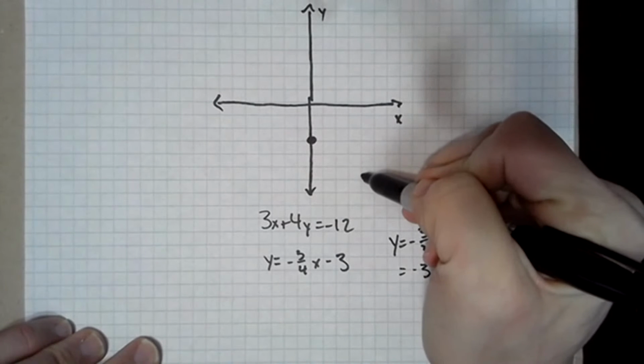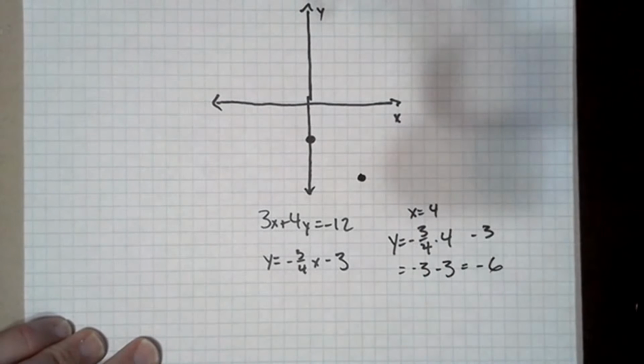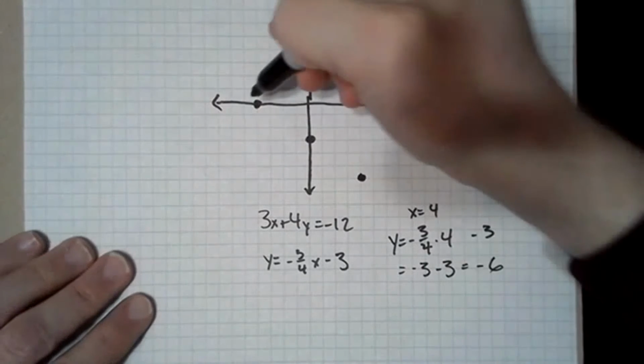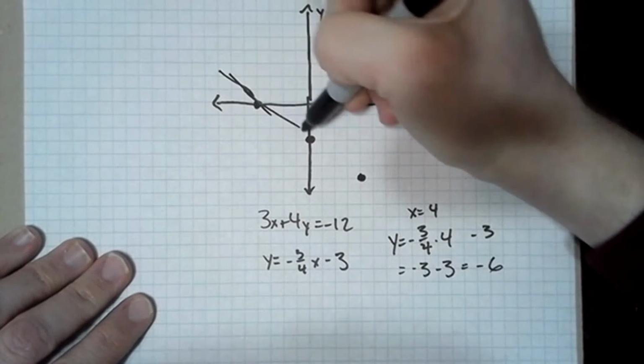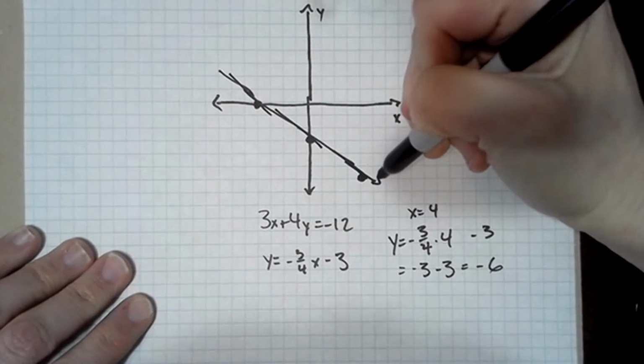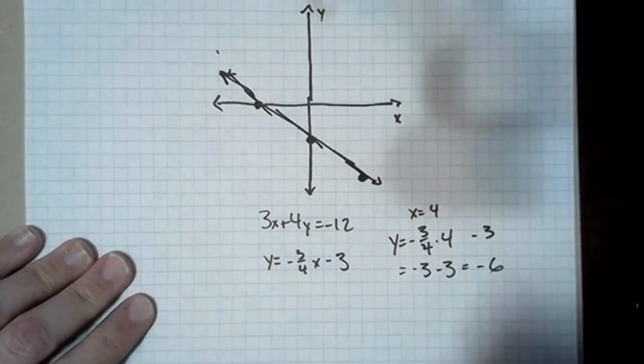So that gives us this point right here. And we can add that one there. That's the point 4, -6. So then we just draw our line like so, and there we go.